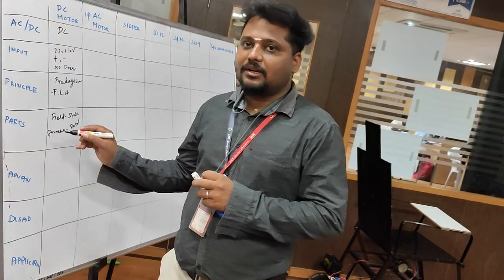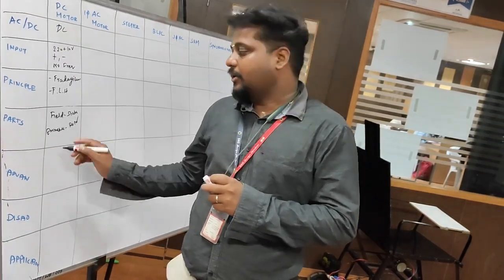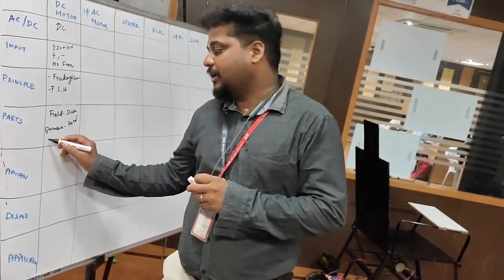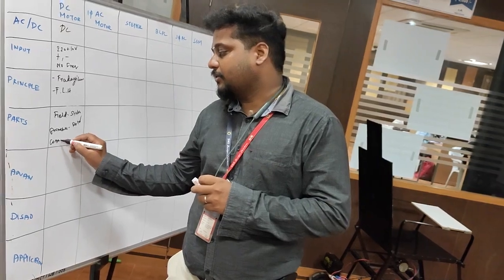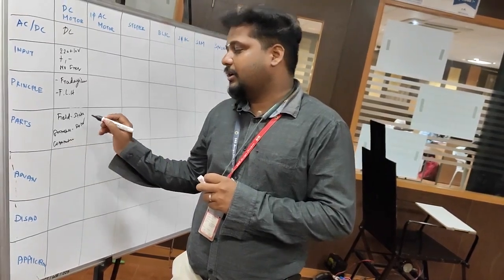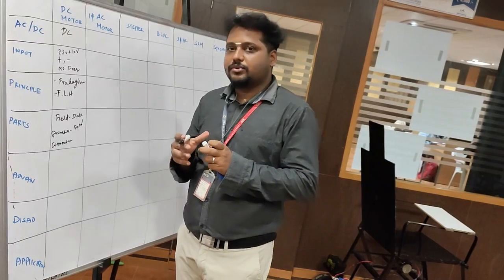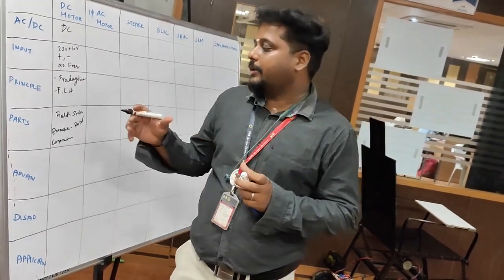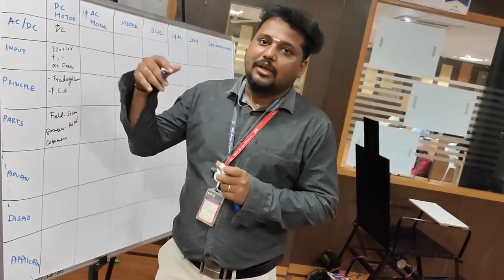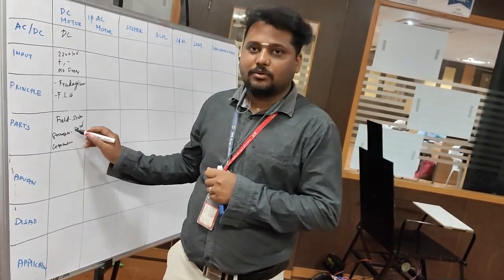Also, one special element used in the DC motor is the commutator. The commutator and brush system is used to give the supply to the rotating part, that is the armature.